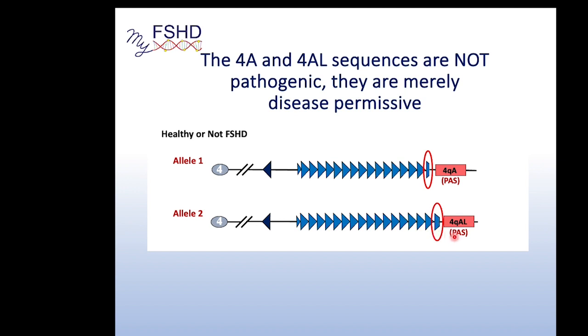For sequence-based diagnostics, it's really important because you need to make sure that you understand the sequence you're assessing. And it's also important for gene regulation studies because if you're studying DUX4 mRNA, it does make a slightly different mRNA. And people have been misled by not understanding the sequence differences with 4AL versus 4A. But the key is they both are permissive. They both have the polyadenylation site. Okay, so that's actually what's key.